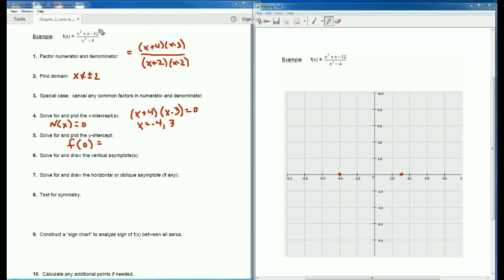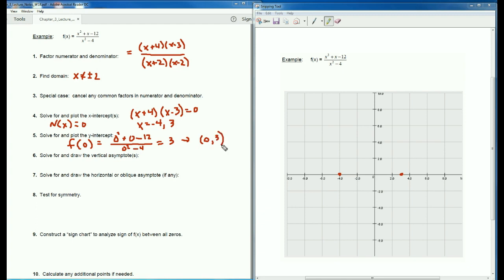In this case, it looks just as easy to use the original form, because if I do 0 squared plus 0 minus 12, again, I'm just substituting in x equals 0, and then divided by 0 squared minus 4. So I'm going to end up with -12 divided by -4, which is +3. Okay. So this gives me my y-intercept, the point 0, 3.